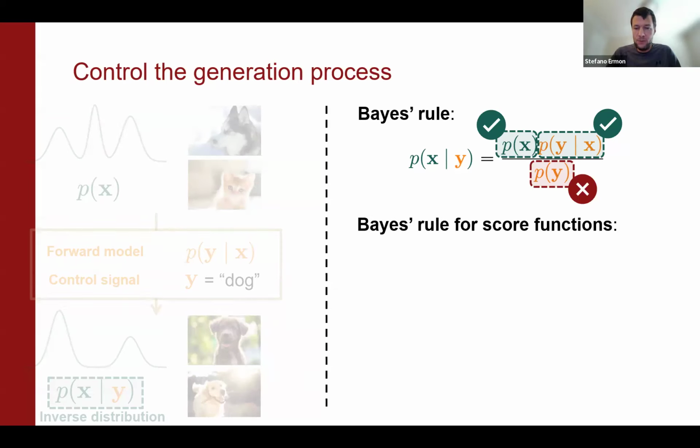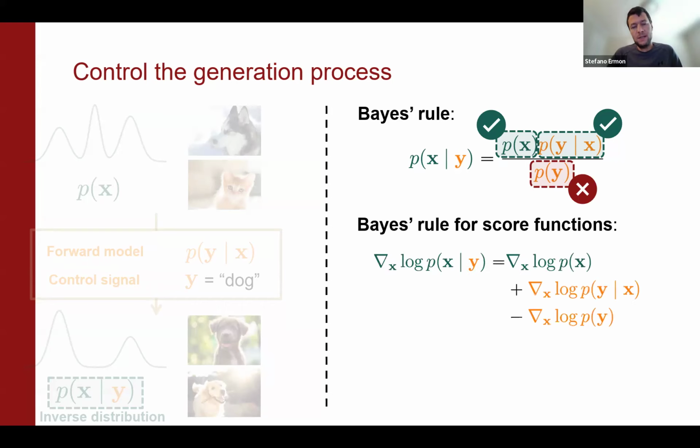But if we look at what Bayes' rule tells us in terms of score functions, once again the denominator disappears. If you just take the log of the expression that I have here, you get that the log of the left-hand side is equal to the log of the prior plus the log of the likelihood minus the log of the denominator.